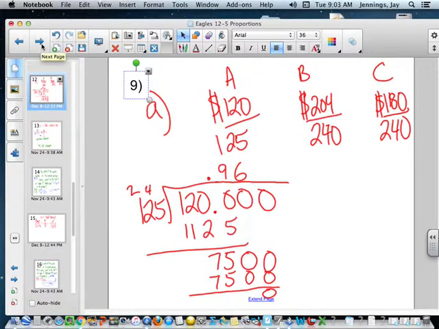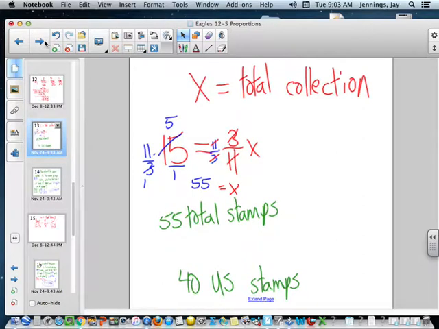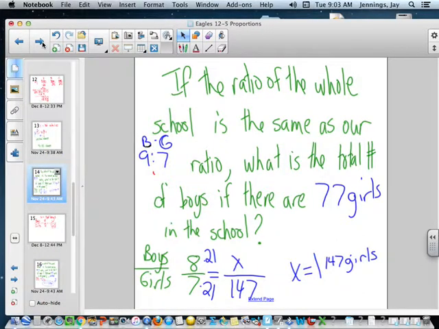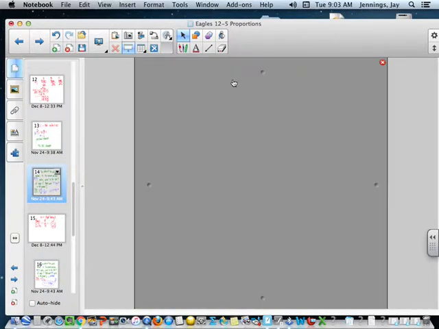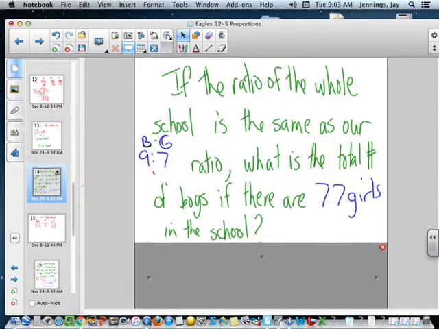I don't know if anybody did problem 9, but 9, the key is that you again want to do the dollars divided by the total number of roses for each. Okay, so this is sort of a good example to kind of frame what types of problems we'll be doing in this chapter.